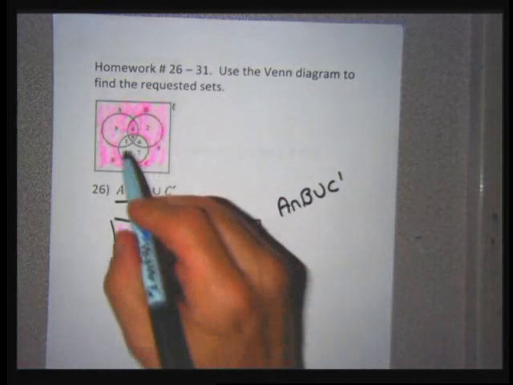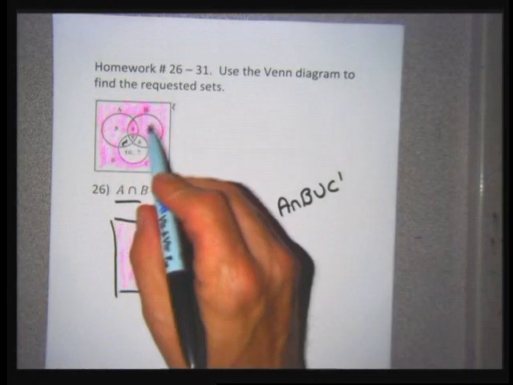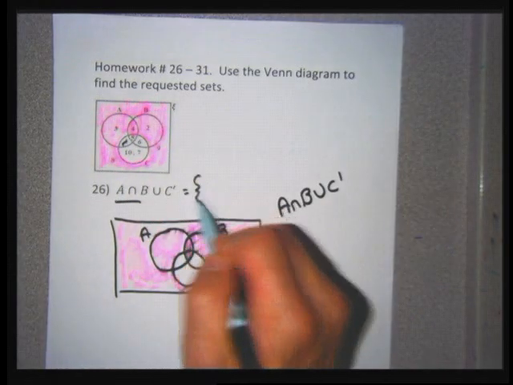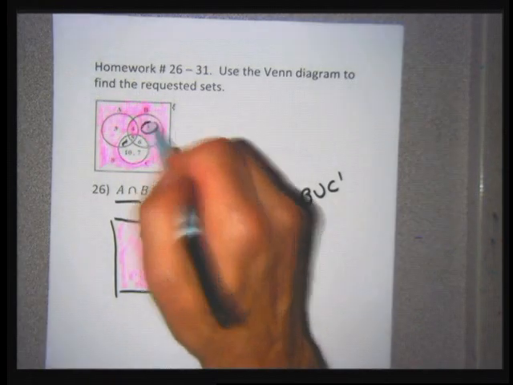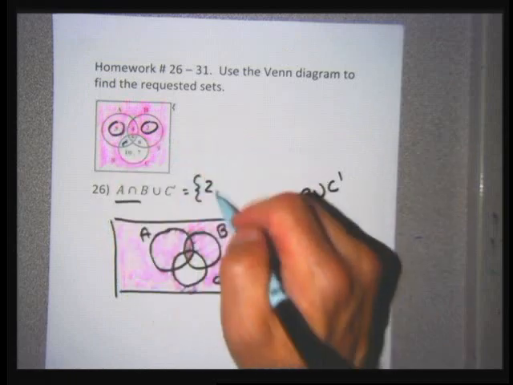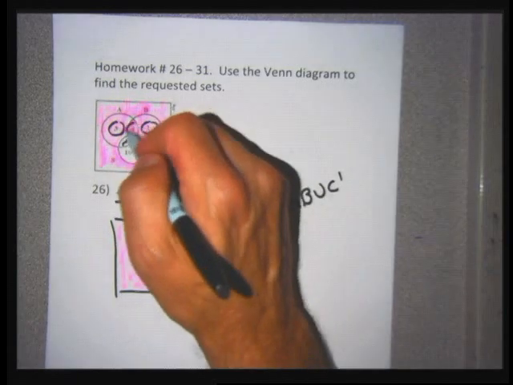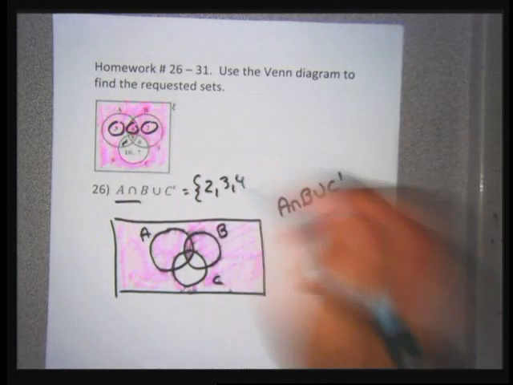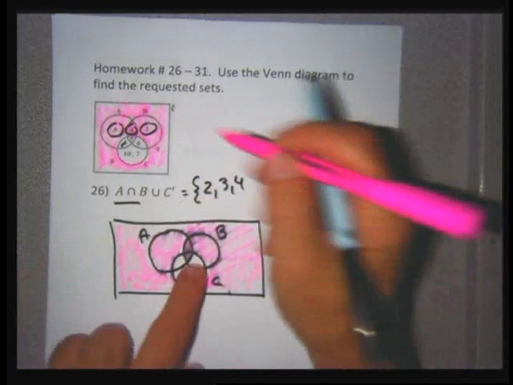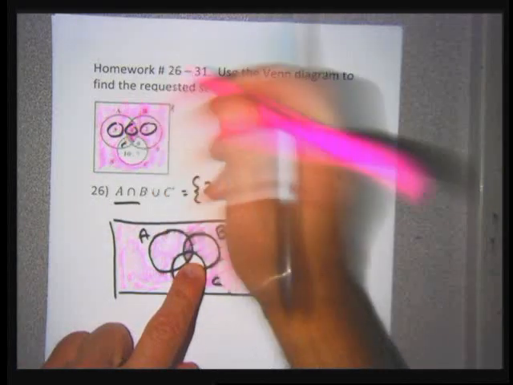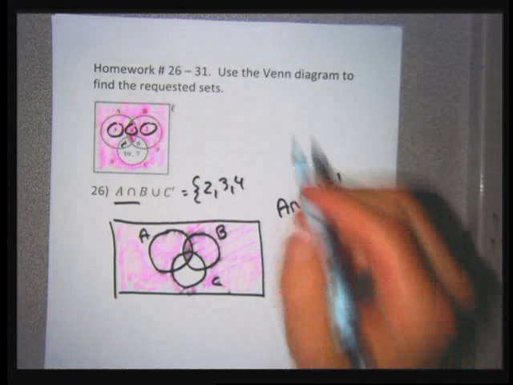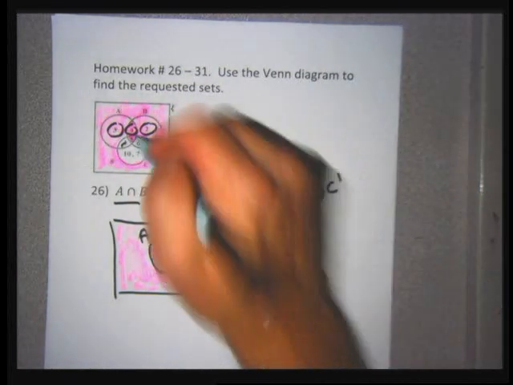So I don't have 1 shaded. I do have 2 shaded. So in my answer, I'm going to put the number 2. I have 3 shaded. I have 4 shaded. I'm supposed to have 5 shaded. I don't know if it looks so much like it's shaded, so let me darken that in. So I have 5 shaded. I don't have 6 shaded.